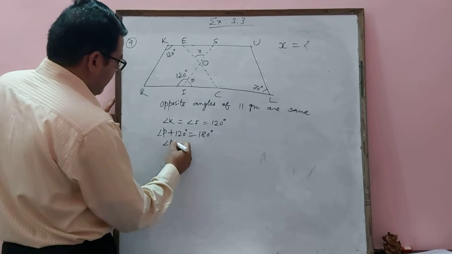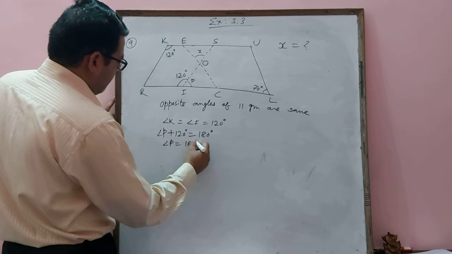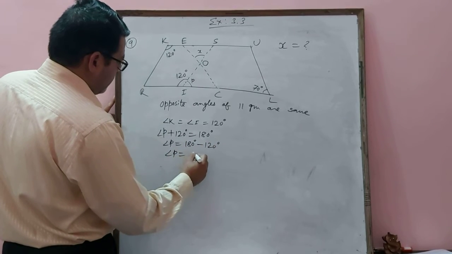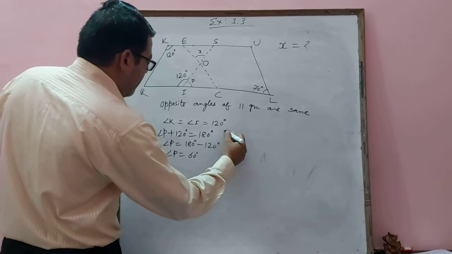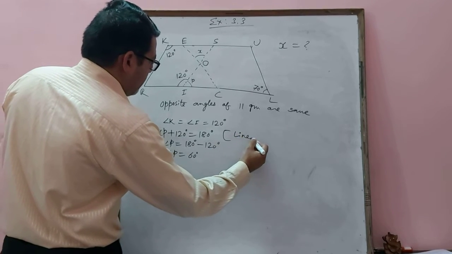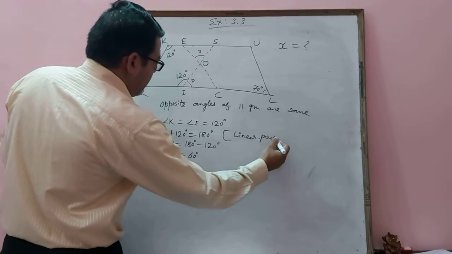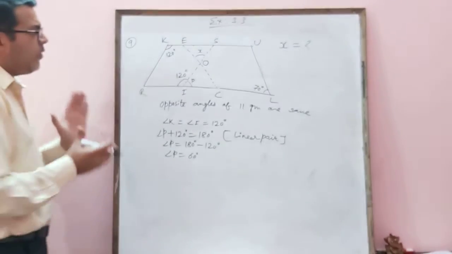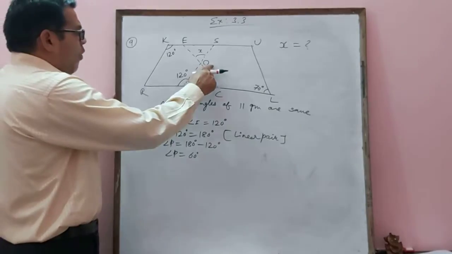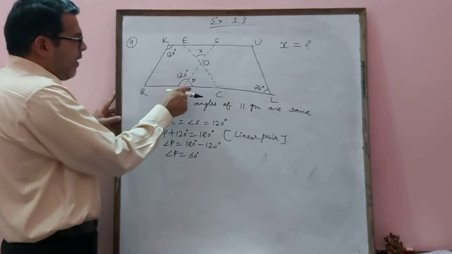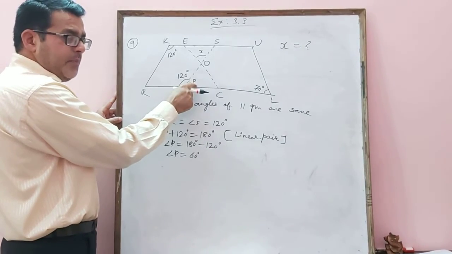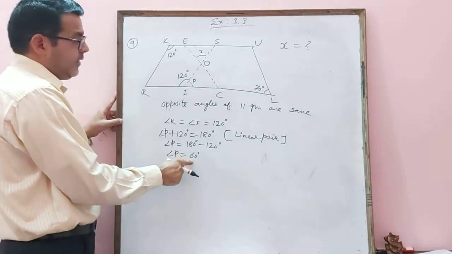So angle P equals 180 minus 120, that is angle P equals 60 degree. And we can write here linear pair. Which property did we use here? Linear pair, these two are forming. Now, in this triangle OIC, we have found the value of this angle. That is P is 60 degree.